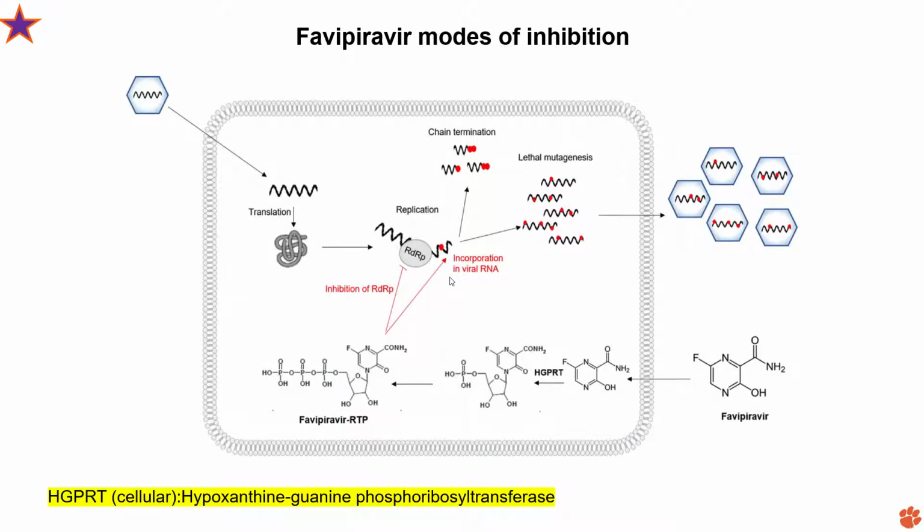All right, so after that, what we are looking at is favipiravir, which is basically a guanosine nucleoside analog prodrug, active against many of the RNA viruses. There is a cellular enzyme responsible for converting this prodrug to the drug, producing the phosphorylated form.